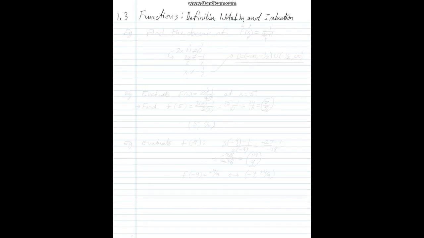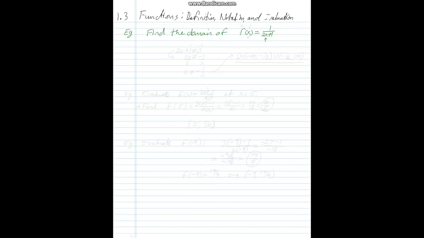In a similar vein to the previous problem in the previous video, we might want to find the domain of a different type of function, which has issues as well. This one is written in function notation. We'll say f of x equals 1 over 2x plus 1. The difficulty this function might encounter is if we were to plug something into the denominator which would make the denominator 0.